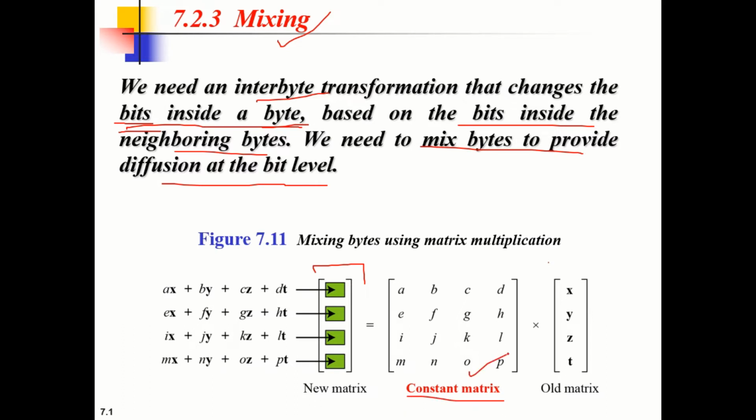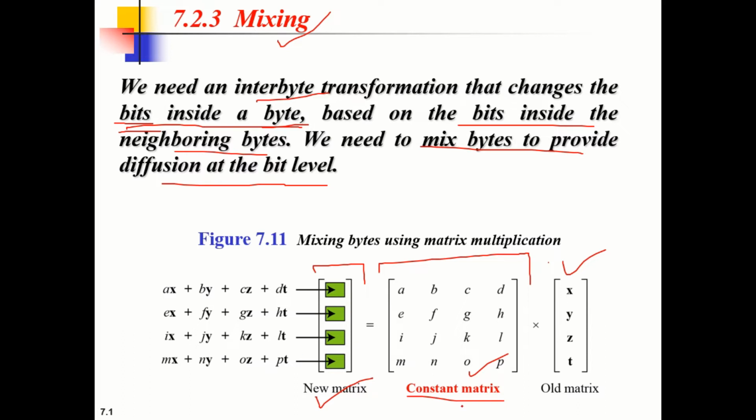We will be multiplying the column matrix we are dealing with at a time by the constant matrix, and the result will give you the new matrix, which works at the bit level. So this is how the mixing is done.